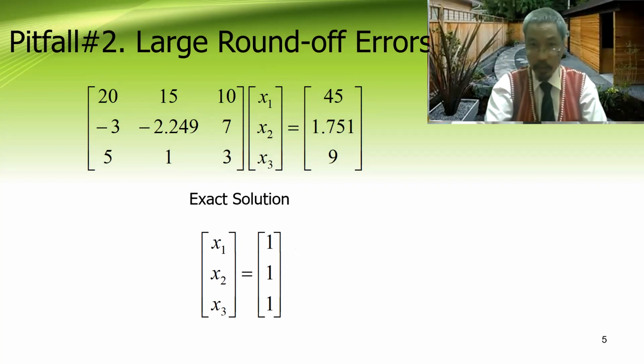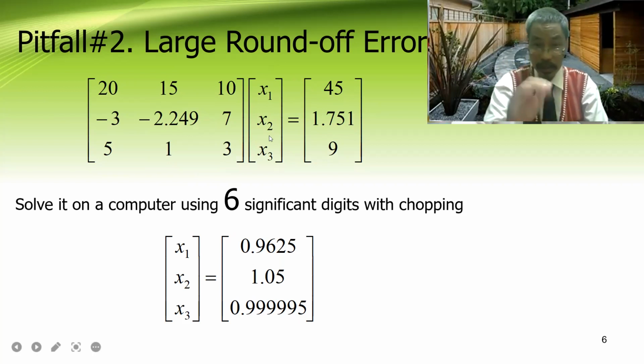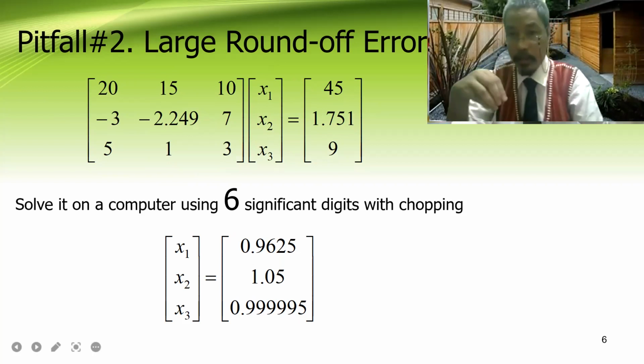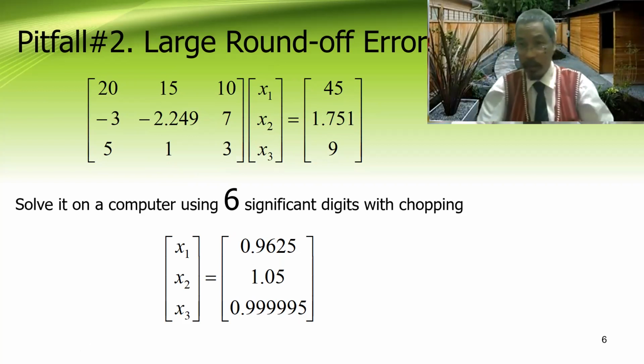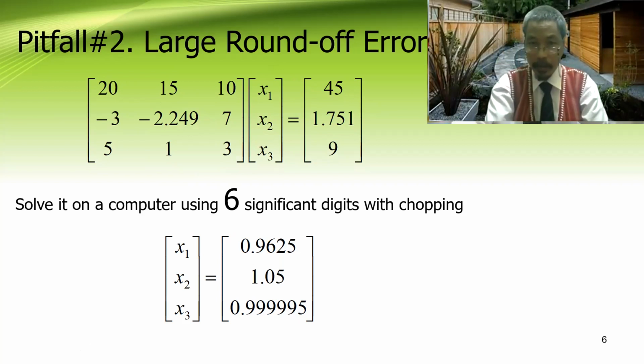Solving the same thing using 6 significant digits manually, not using a computer. The explanation is using a computer, some program or some apps, but maybe we cannot have those apps because this type of method is naive Gaussian elimination.